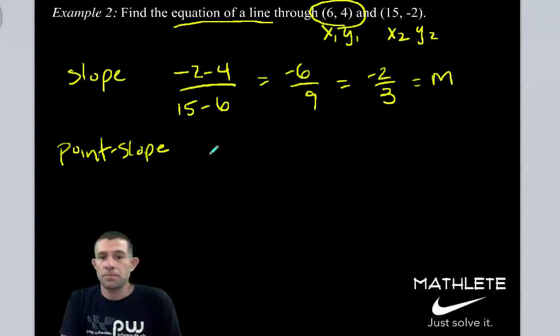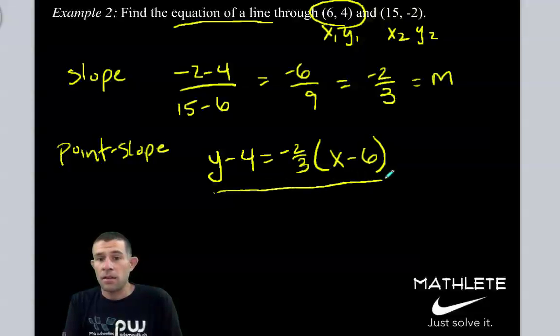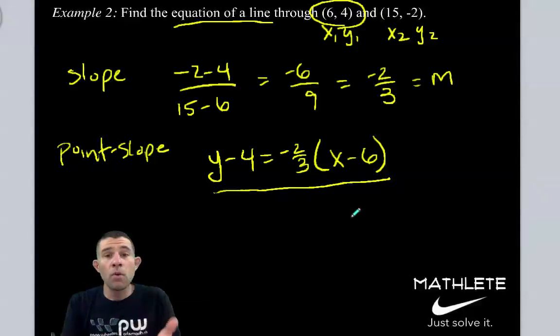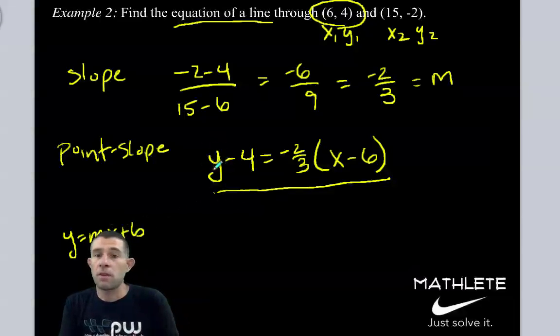Alright, here is the equation of our line that is in point-slope form. Now we can go one additional step and we can write this in slope-intercept form. Remember, that's the y equals mx plus b. So what that means is we need to isolate the variable y.